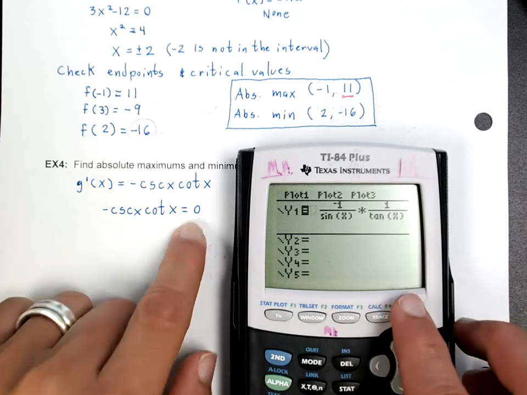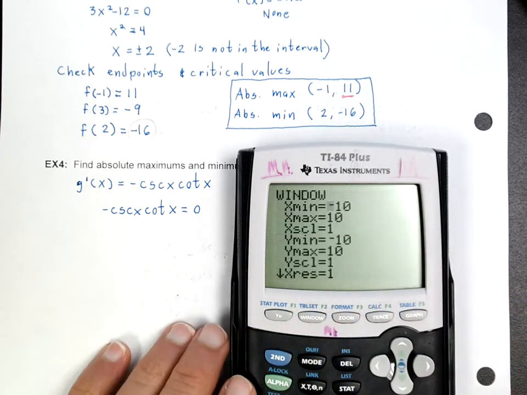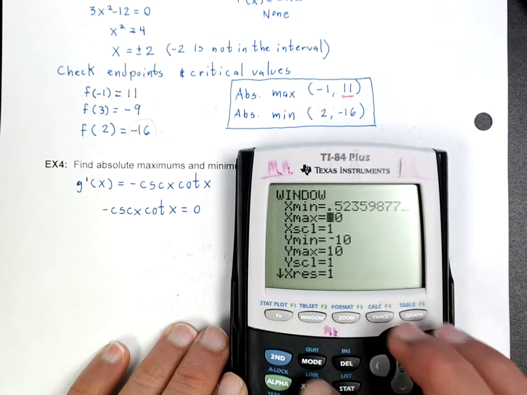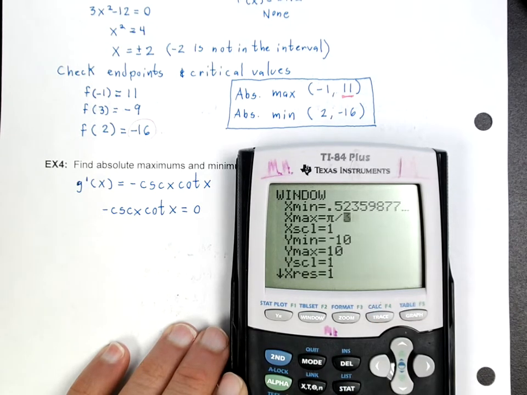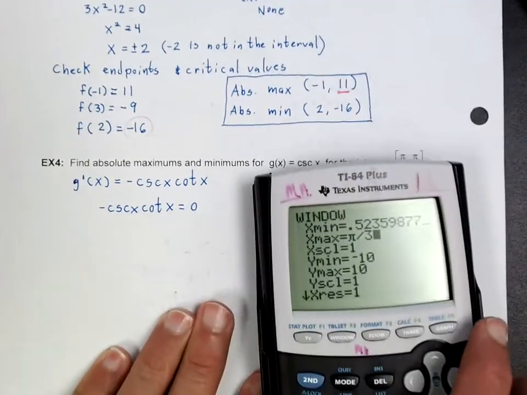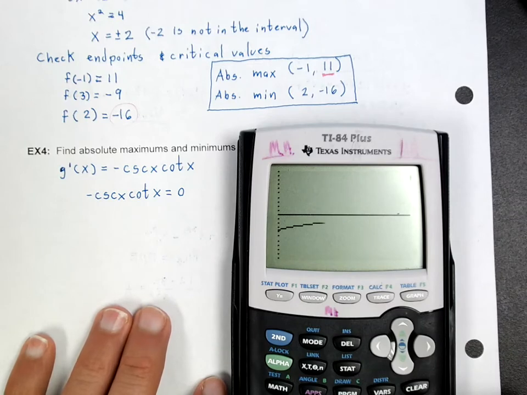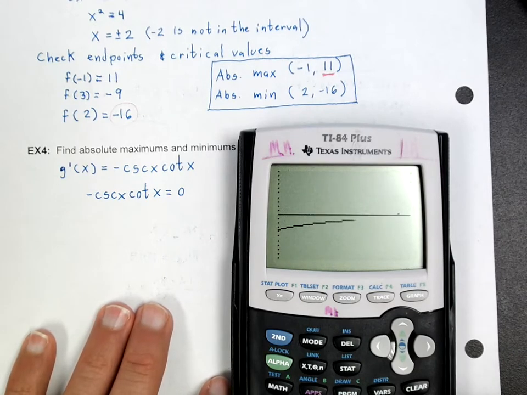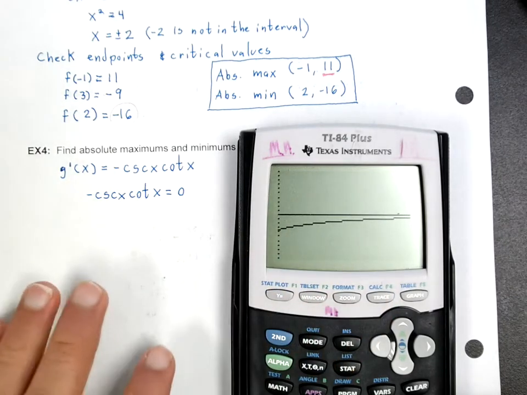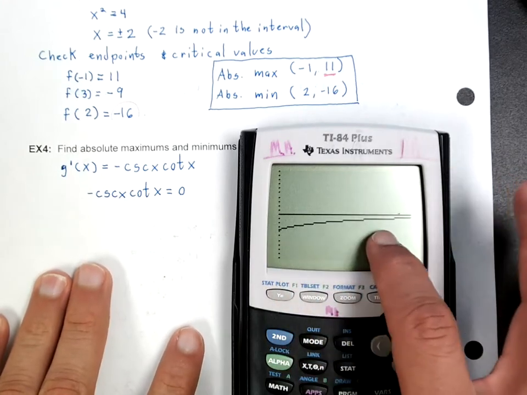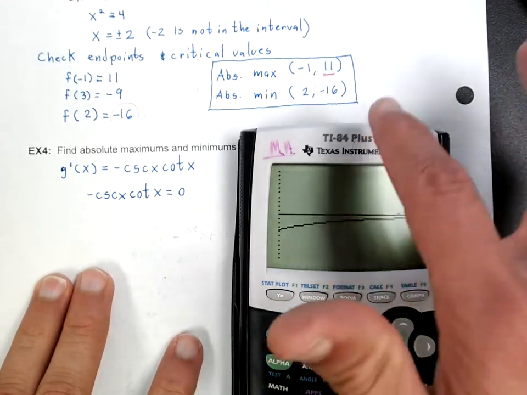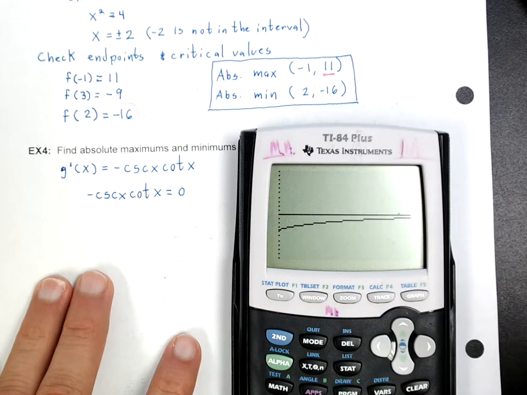So I have to change my window again. I'm trying to see if it ever crosses the x-axis in that interval, because then the derivative would be equal to 0, and it doesn't. And there are no breaks in this. If you see some kind of vertical asymptote there, then that will mess everything up.